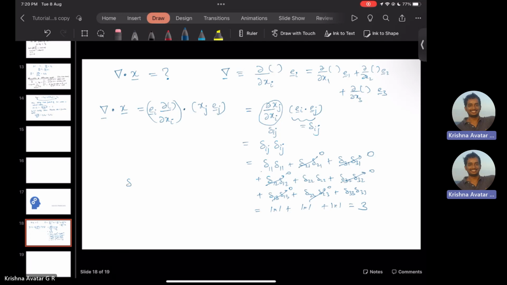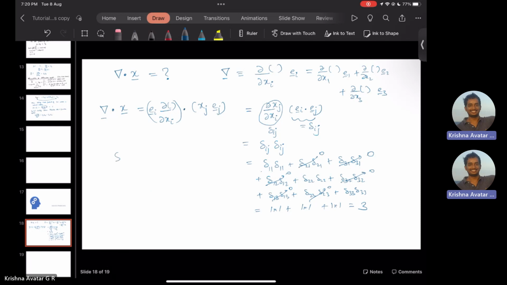Now we could have used a simpler form, the delta property itself. Delta also has a property called the substitution property. Let me try to explain it using a simple example first.